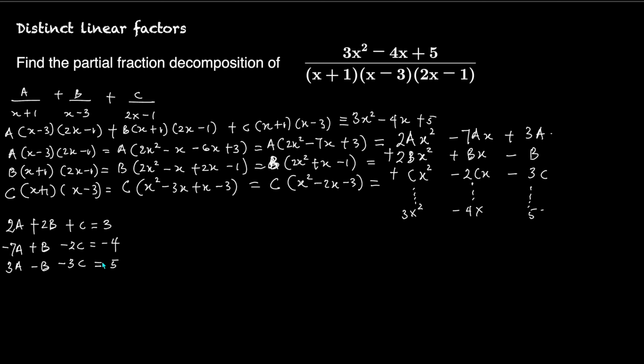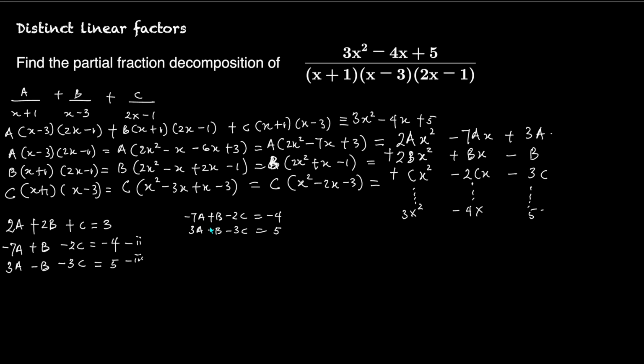So we're going to start with equations 2 and 3. I'm going to try to eliminate b. Okay, so negative 7a plus b minus 2c equals negative 4, and 3a minus b minus 3c equals 5.